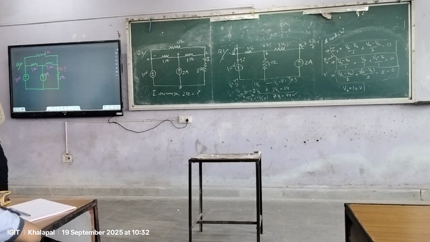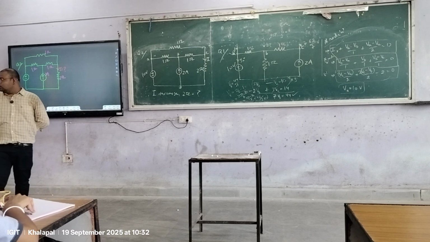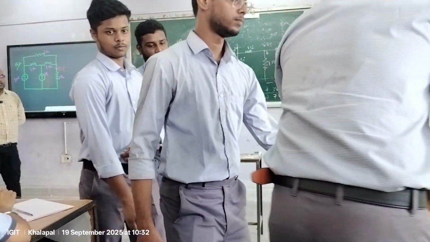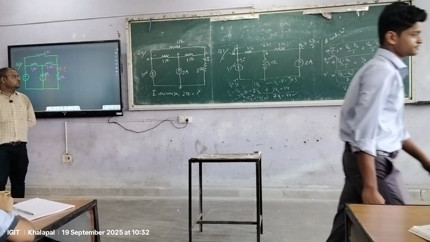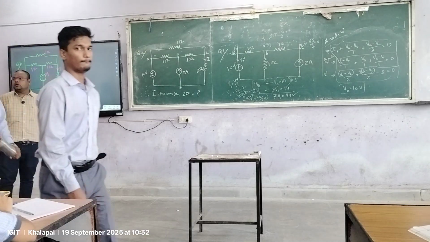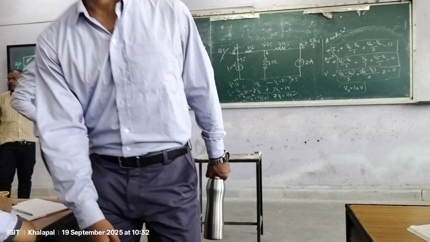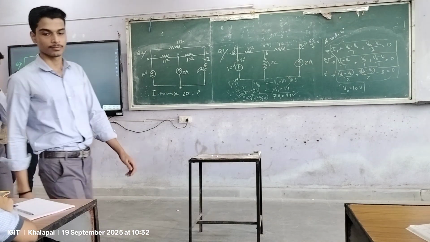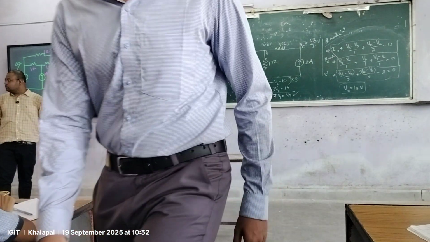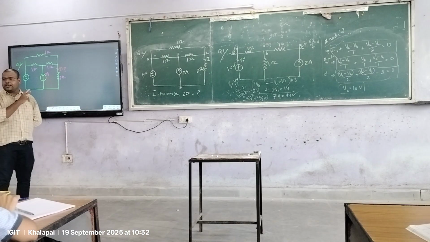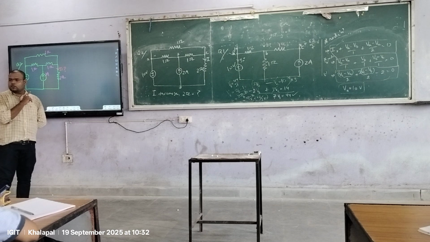Question number 2 is asking to find out the current flowing through the 2 ohm resistance. Again, you have to solve this using both mesh as well as nodal analysis, right? Can you solve it by yourself?